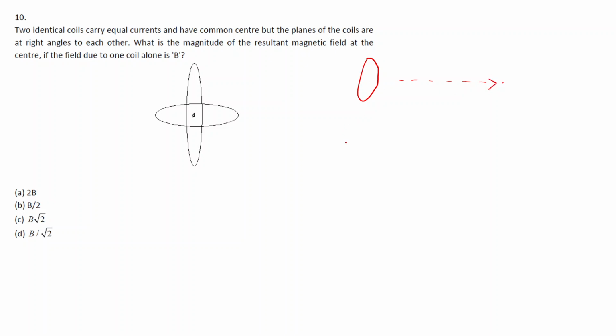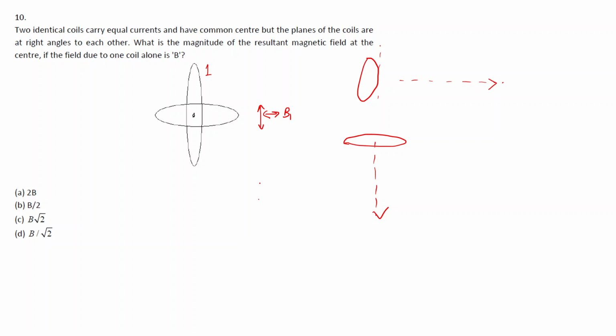And if we have a coil like this, the magnetic field because of this along the axis will be in this direction. That means the resultant because of this coil, let's call it coil 1, the magnetic field will be in this direction, and because of the other one it will be in this direction, right?